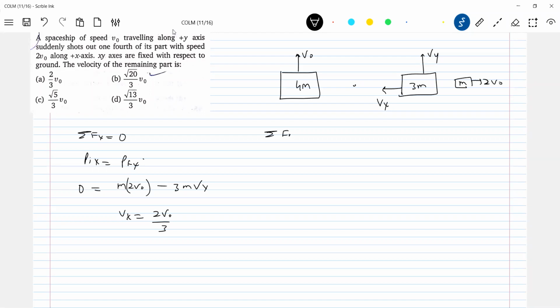The net force on the system along the y-axis is also 0, so initial momentum equals final momentum. Initial momentum along the y-axis is 4m v0. Finally 3m vy. So what is vy equal to? 4v0 by 3.